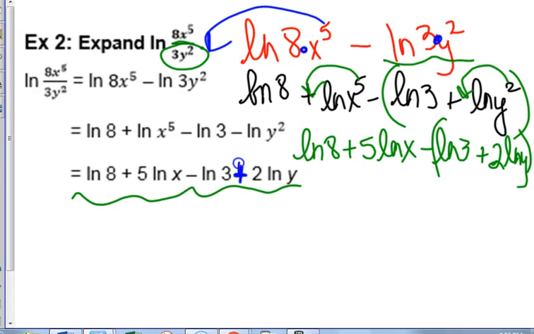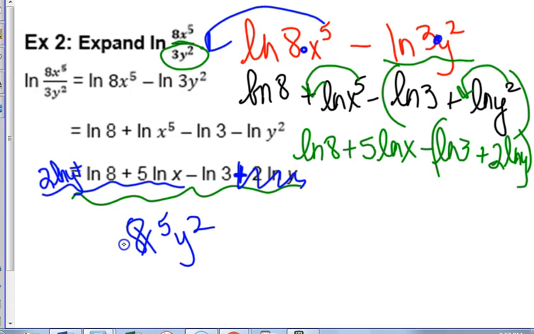So if this was a plus, I could move this out front if I wanted. And then when I looked at all that was being multiplied, I'd have an x to the 5th, an 8, and a y squared, and I'd have an over 3 because of this minus. Is that what we started with? Definitely not. So be really careful because that will show up a lot.